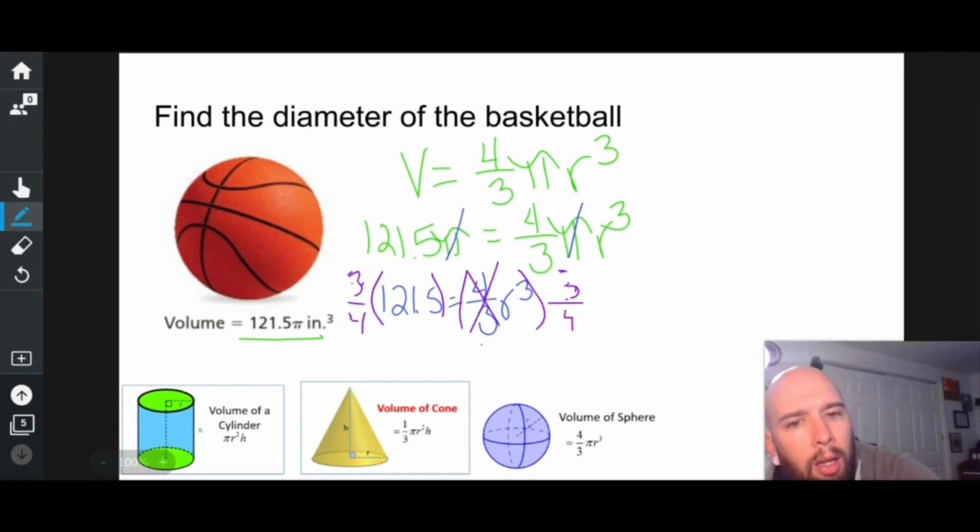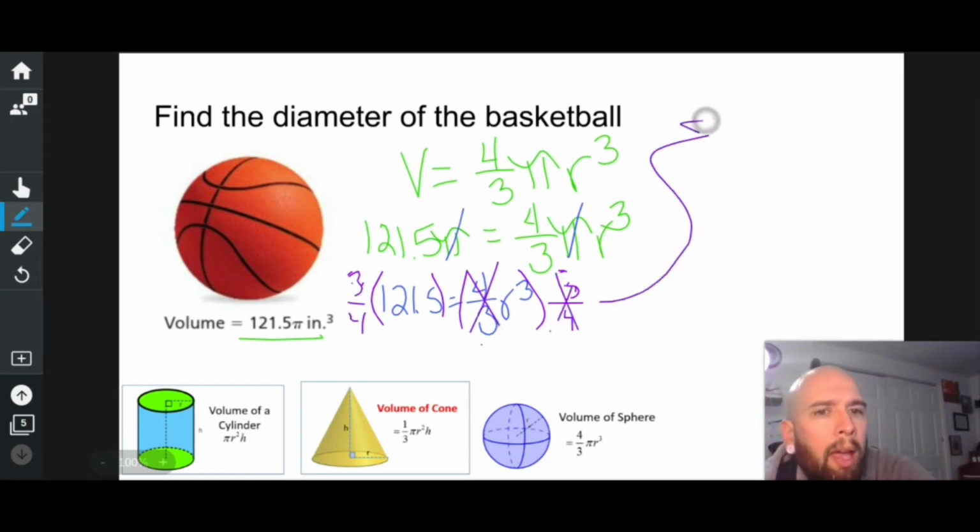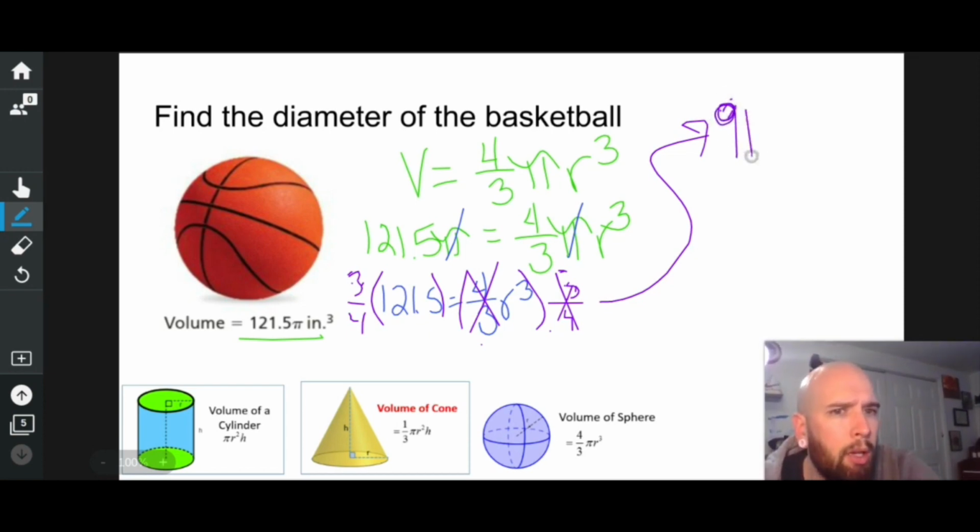That crosses out. That crosses out. I'm going to put what I have up here because it's getting sloppy and I'm running out of room. What is 3/4 times 121.5? The answer is 91.125.